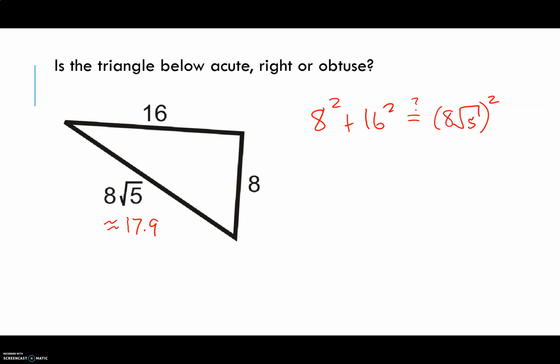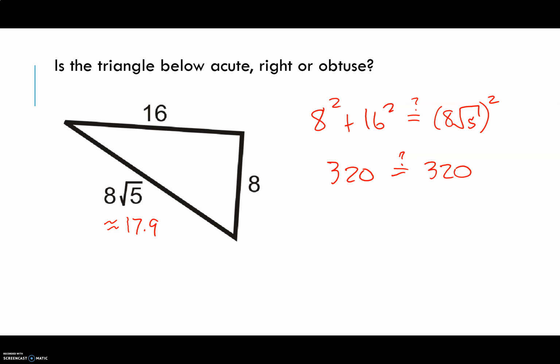So 8 squared plus 16 squared comes out to be 320. And in your calculator, you can do 8 square root of 5 and then square that. You might need to put parentheses around the 8 and the square root of 5 before you square it. And that comes out to be 320 as well.